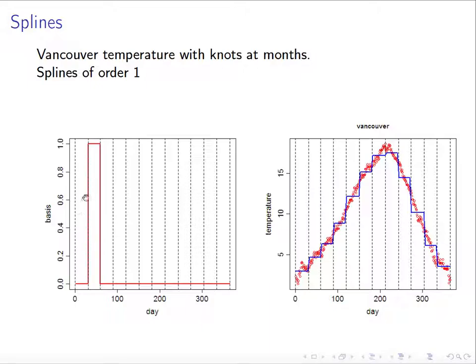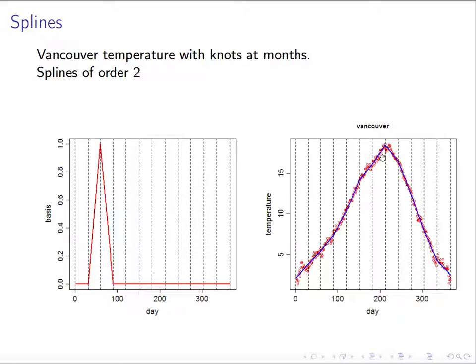Then we can create the order 1 B-splines with these 13 knots and use these basis functions to approximate the Vancouver temperature curve. You can see that in each segment, it is basically the average of the temperature in that interval.